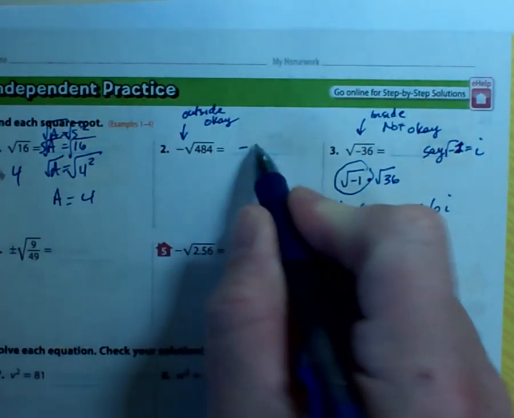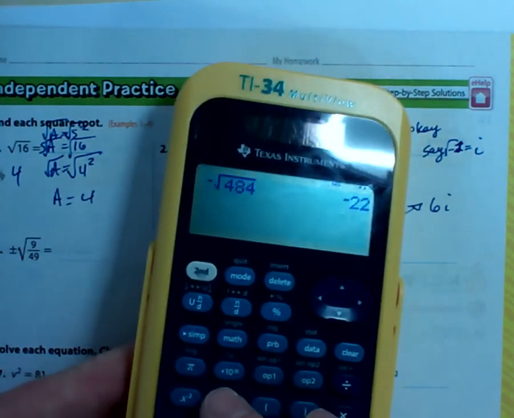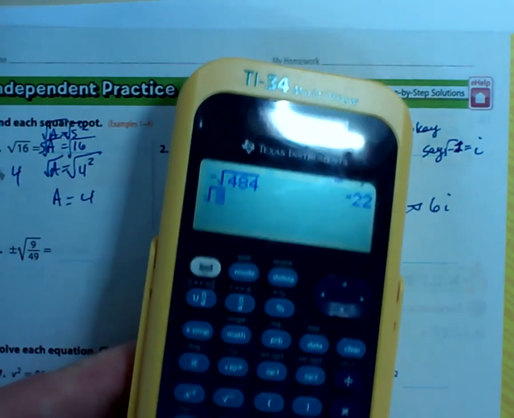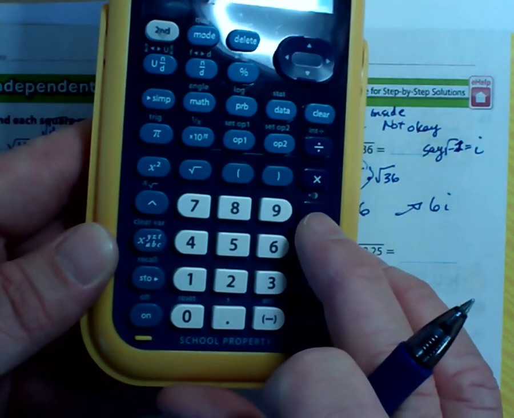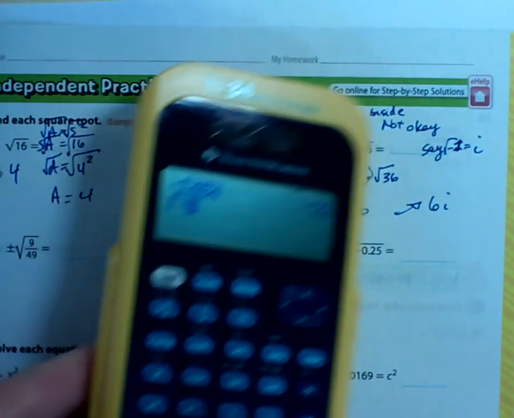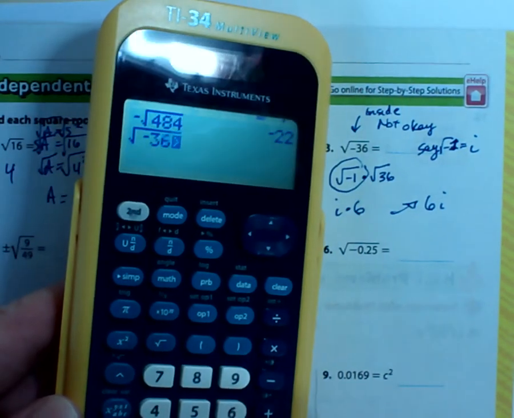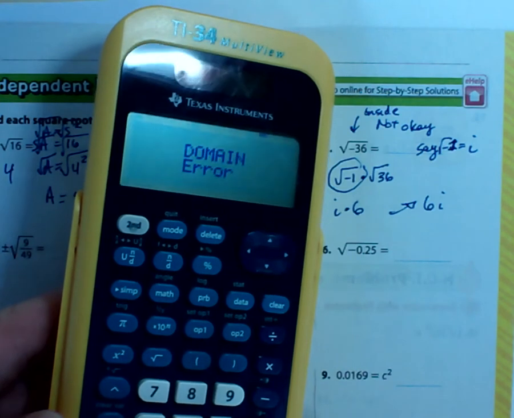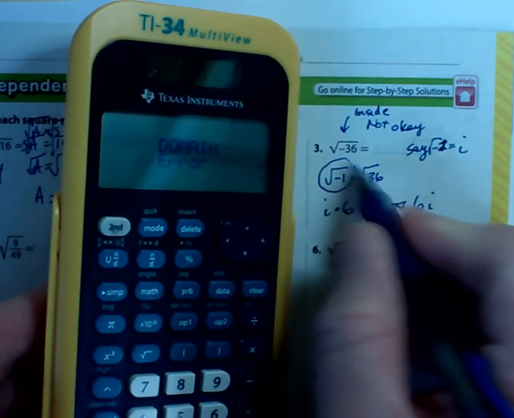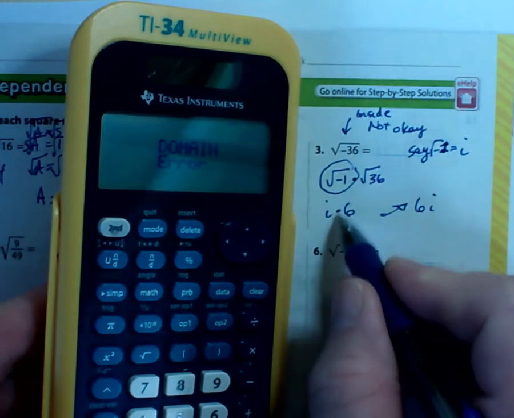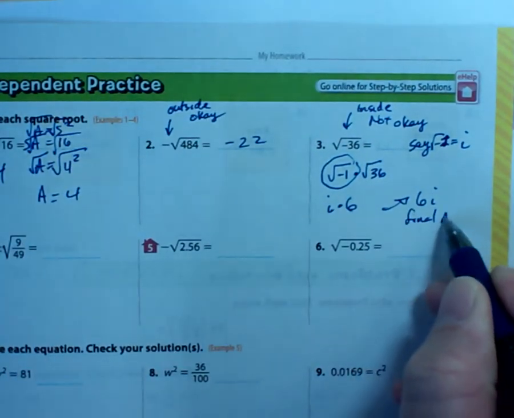You'll notice when you put in the square root of negative 36, remember, this is the negative button, not the subtraction button, it's going to come out undefined. Domain error. So the way we get around that, again, we pull that square root of negative 1 out, call it i. And so this is your final answer.